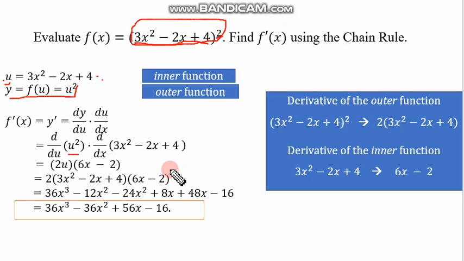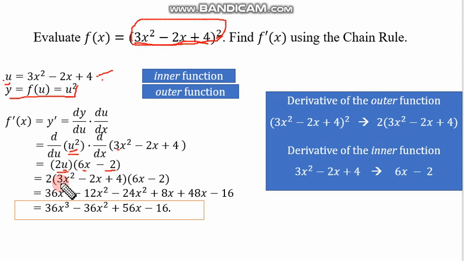The derivative of u squared is 2u, and the derivative of 3x squared is 6x, the derivative of negative 2x is negative 2, and the derivative of 4 is 0. We get u back to its original value, 3x squared minus 2x plus 4.